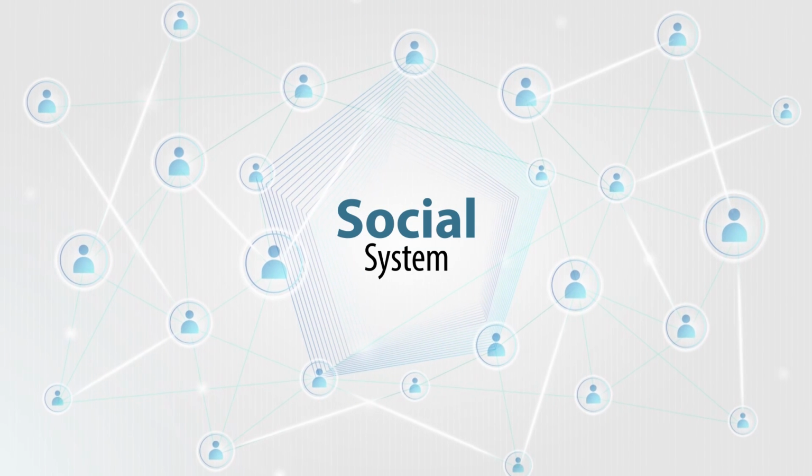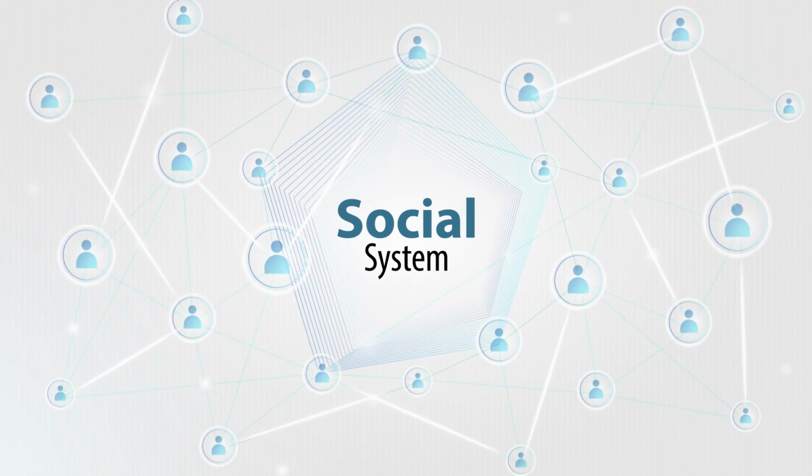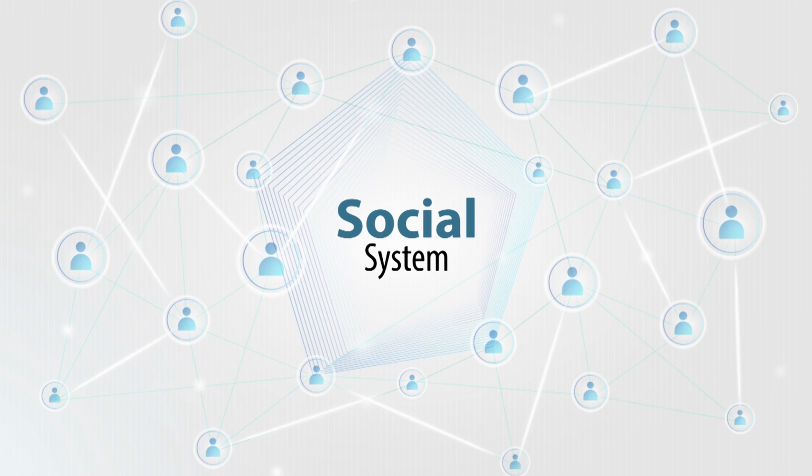Then social system. Social system refers to the relationship between the teacher and the students within the classroom situation. It refers to how reinforcement will be provided, whether there will be a congenial, favorable, good relationship, or the teacher will be authoritative, or it will be a delegating, discussing, or directing teaching style.